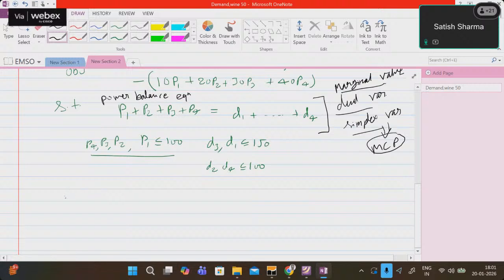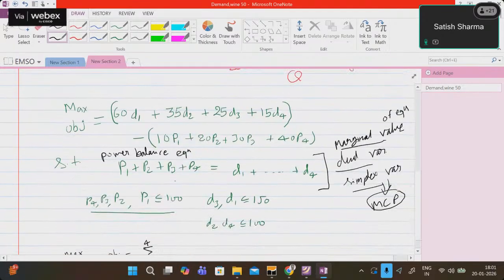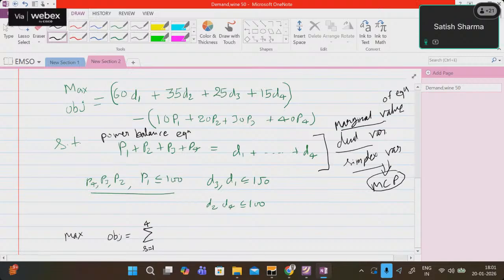So, maximization of obj equals summation over s equals 1 to 4, we use c and a, right? So I will write down here c s, we are maximizing, right? So okay, wait.